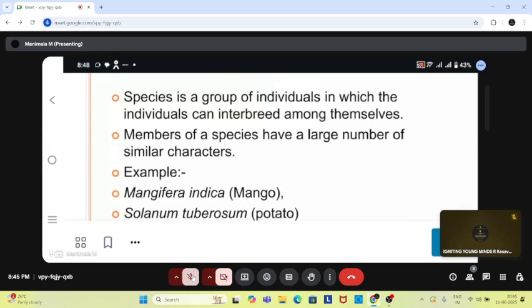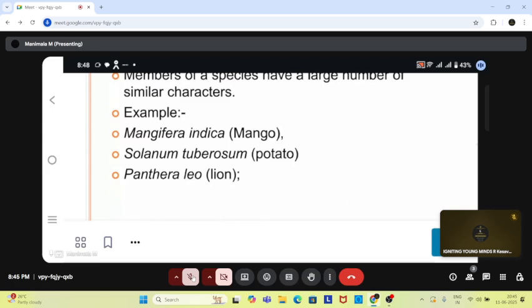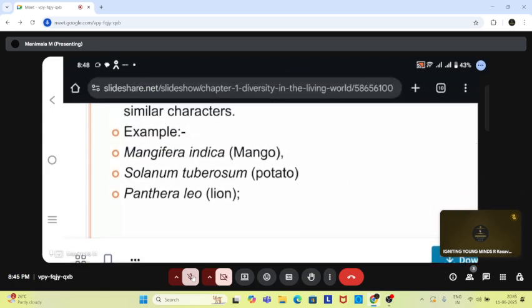For example, Mangifera indica, Solanum tuberosum (potato), Panthera leo (lion). In Mangifera indica, indica is the species. In Solanum tuberosum, tuberosum is the species. And Panthera leo is the lion.